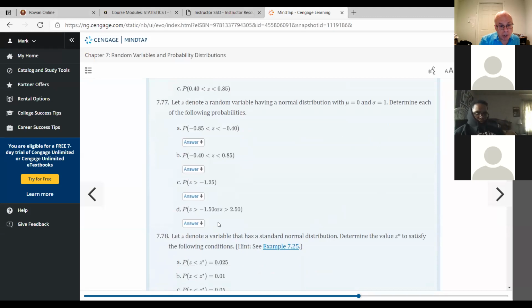I'm interested in D. The probability that z is greater than negative 1.5 or z is greater than 2.5. Now, if you drew this curve, it says greater than, sorry, this looks different than what I'm looking at in the book.